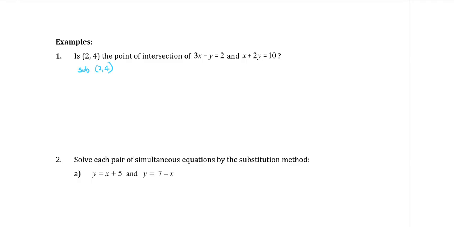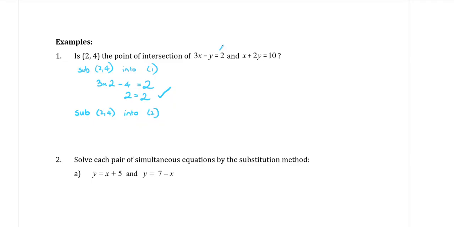If we sub it into equation 1, we would get 3 times 2 minus 4, does that equal 2? 3 times 2 is 6, minus 4 is 2. 2 equals 2. That means yes, that equation works at the point (2, 4). Does the point (2, 4) work in equation 2?